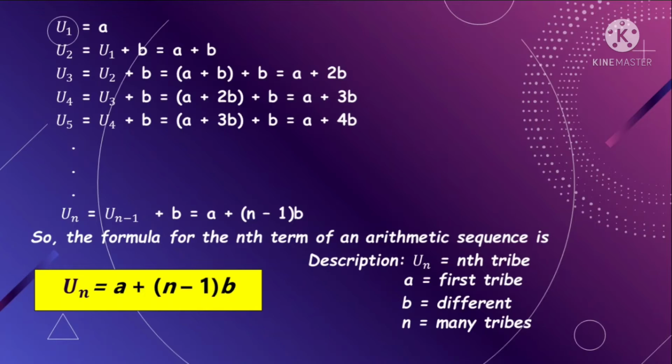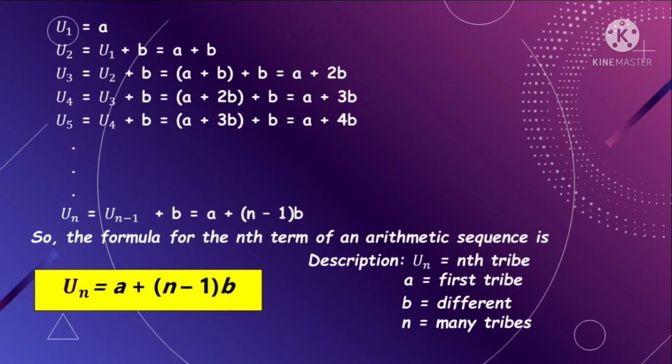U4 equals U3 plus b equals a plus 2 times b, in brackets, plus b equals a plus 3 times b. U5 equals U4 plus b equals a plus 3 times b, in brackets, plus b equals a plus 4 times b.